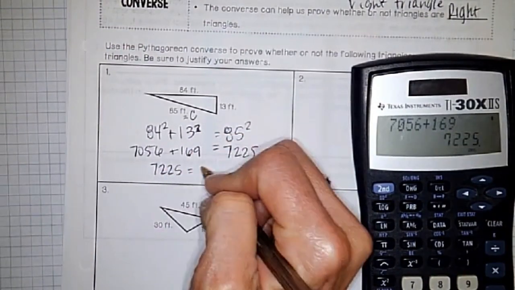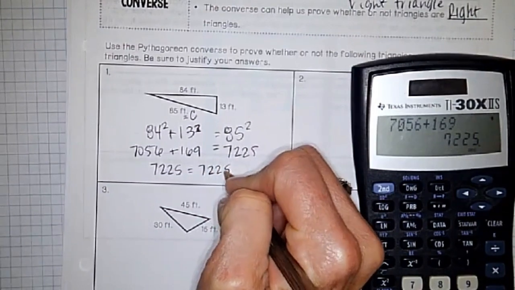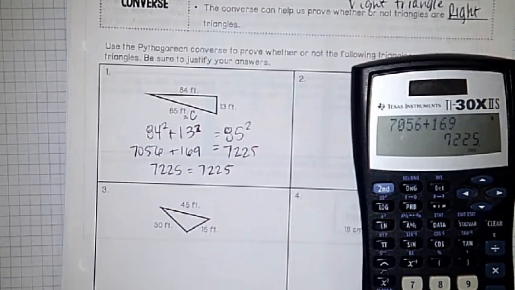Is it a right triangle? Why? No, I'm asking, is it a right triangle? How come? If a squared plus b squared equals c squared, then you have a what?